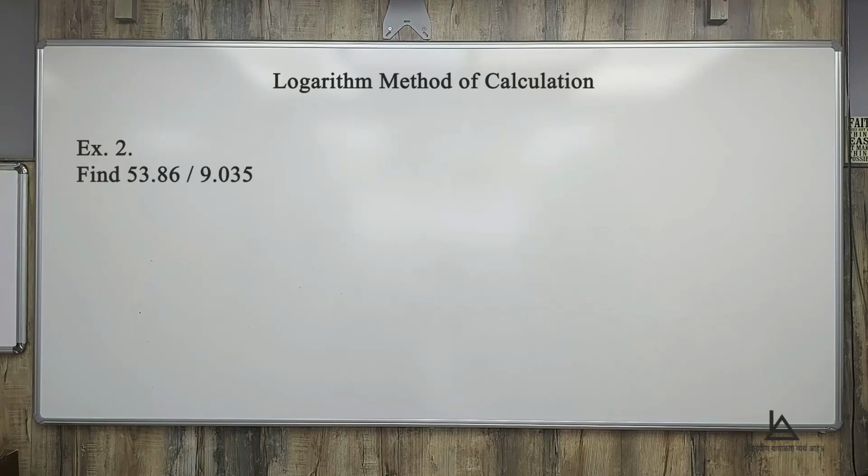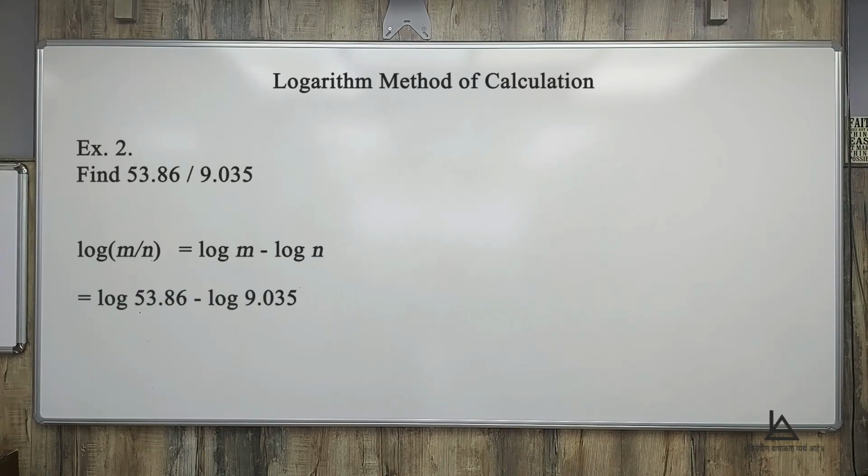53.86 divided by 9.035. Now, remember that log of m upon n is log m minus log n. Thus, we will have to find out log of 53.86 and log of 9.035 separately. Whatever I have taught you, try to find out log of 53.86 and log of 9.035.